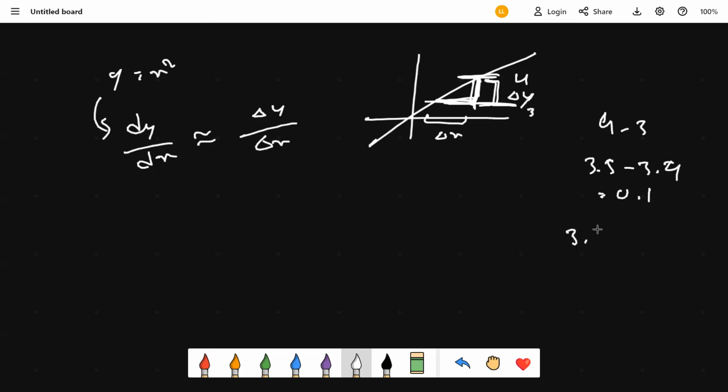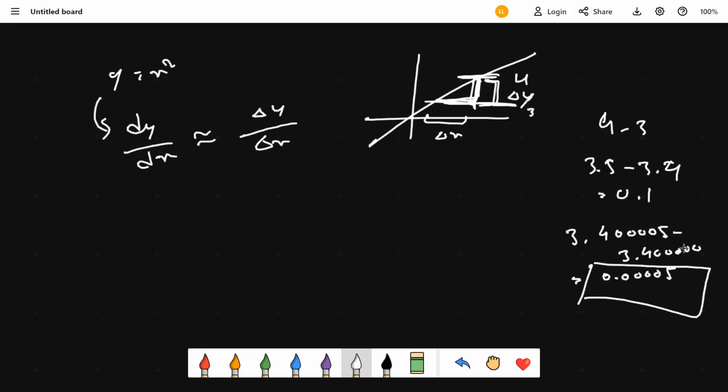Let's say now 3.54 minus 3.400000 equals 0.00005. I hope you're getting it, that the further we reduce this distance, the further we minimize it, that tends to become equal to 0. Remember, it's not 0, but tends to become 0. Limitation gauges that approximation of becoming 0, but it is not 0.